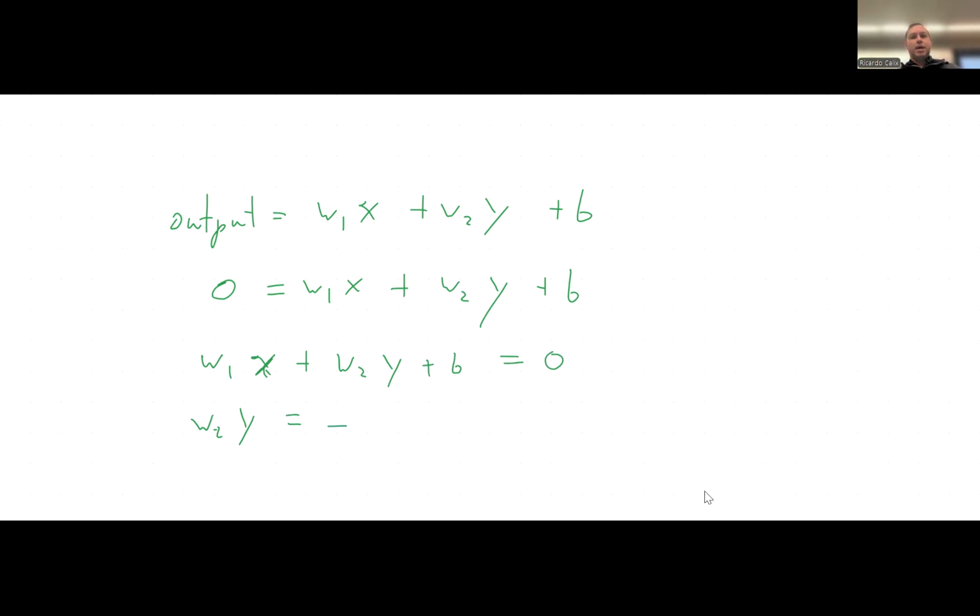And the B is also moved to the other side, so that becomes minus B. Do you see how it's starting to take the shape of a line?